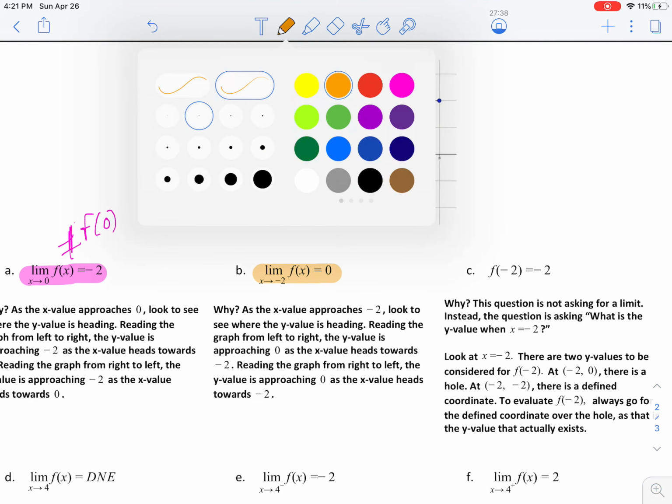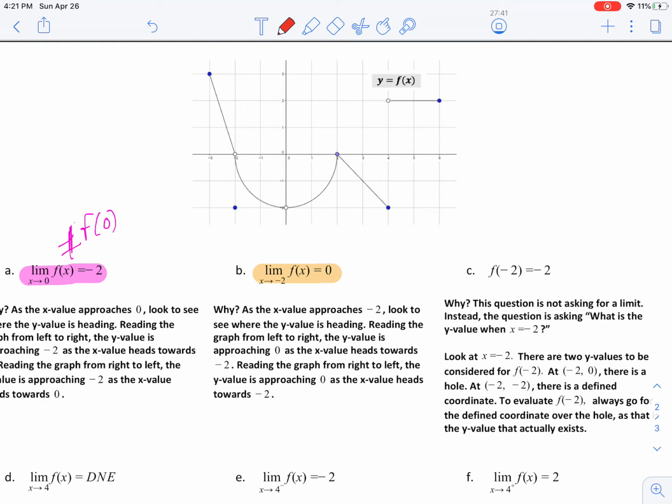Here we have a different sort of question, right? This asks us if x equals -2, what is the value of f of x, right? So we're gonna actually go to -2, and we wanna find the value that our function obtains. Now this hole matters, right?